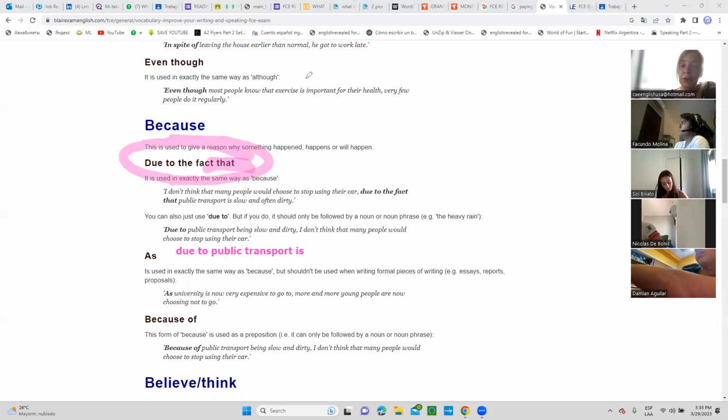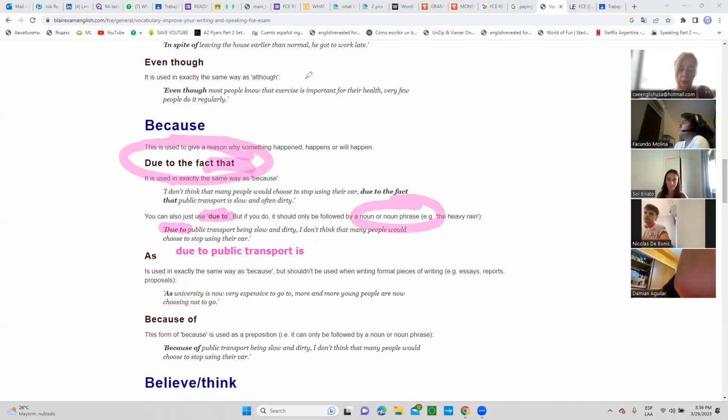So you can use due to the fact that public transport is slow and dirty. You can use a conjugated verb, but not with due to. Due to has to be followed by a noun or a noun phrase.